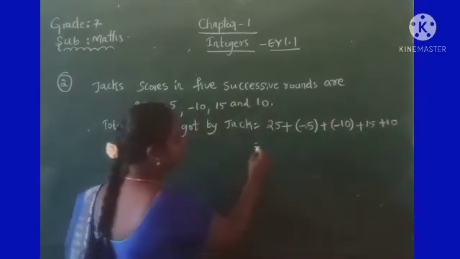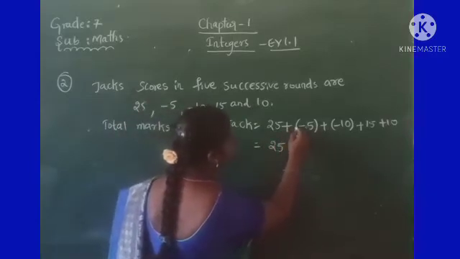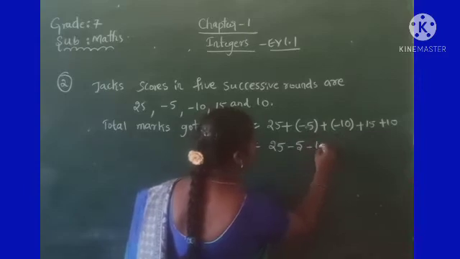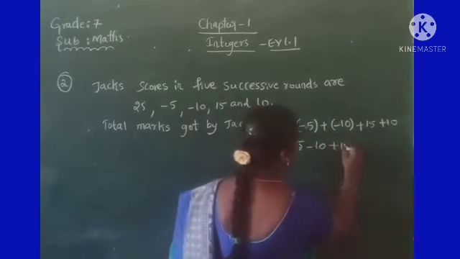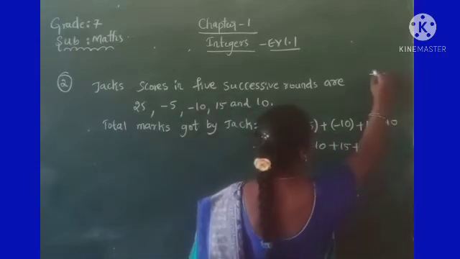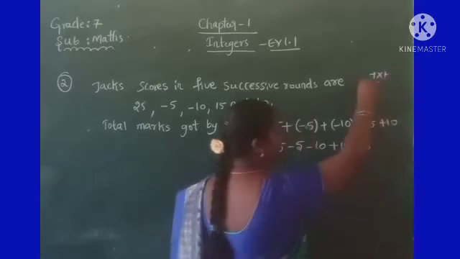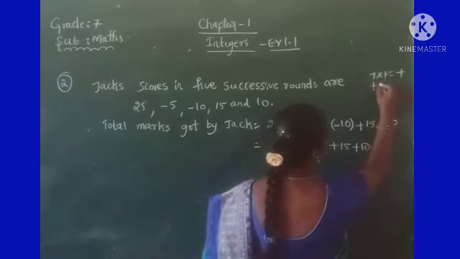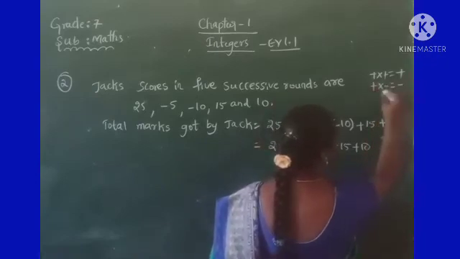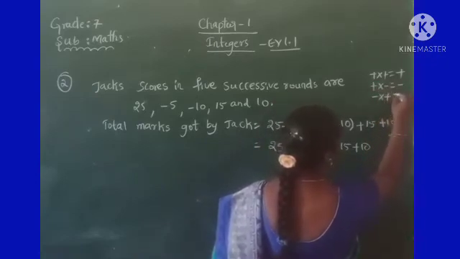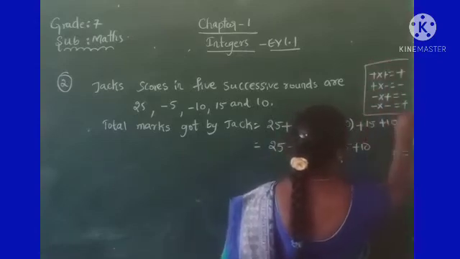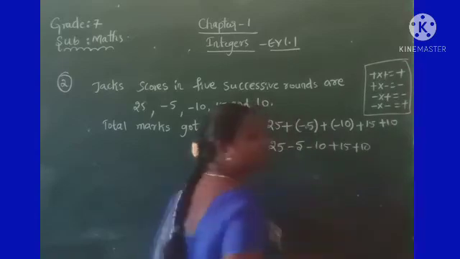Now simplify here: 25 plus into minus, minus 5, plus into minus, minus 10, again plus 15 plus 10. Here you have to remember: the product of two positives is plus. Plus into plus is plus. Plus into minus is minus. Minus into plus is minus. Minus into minus is plus.